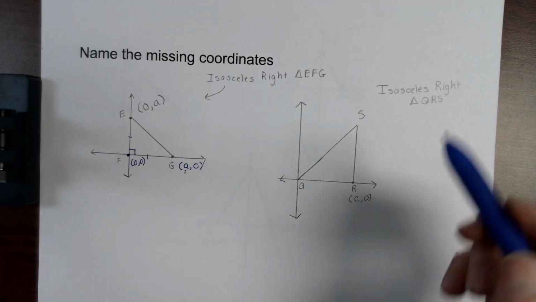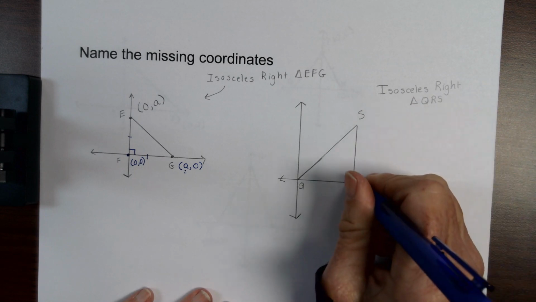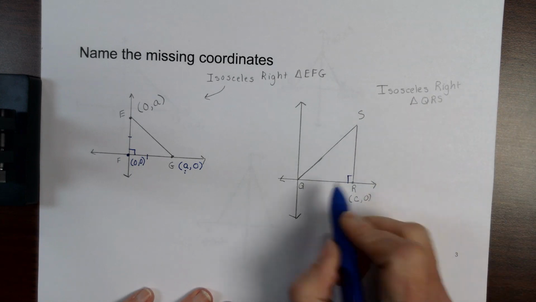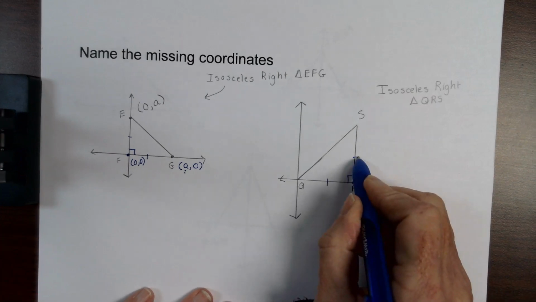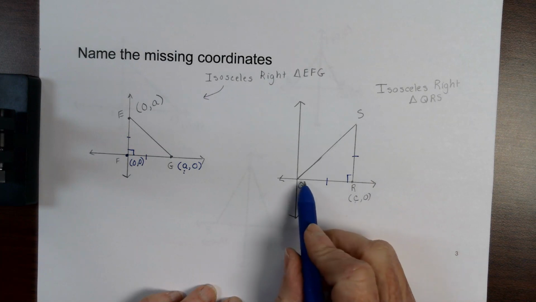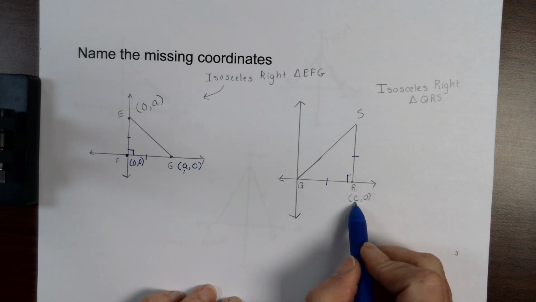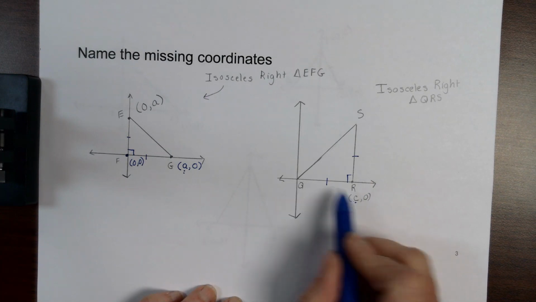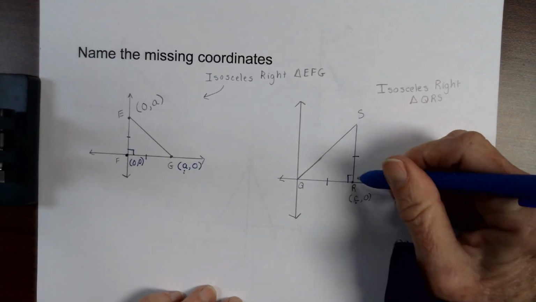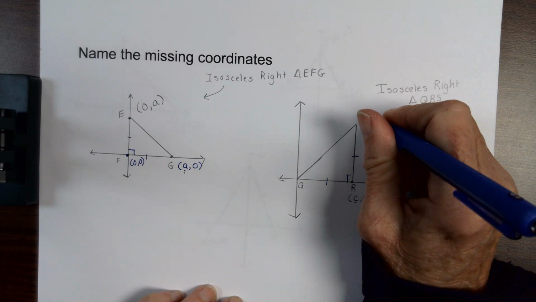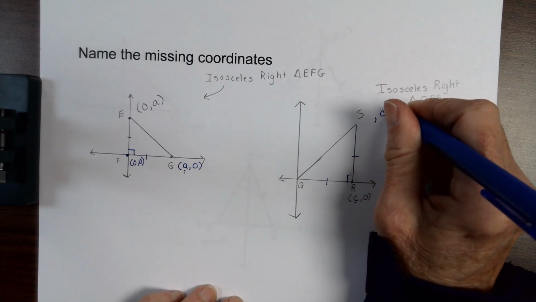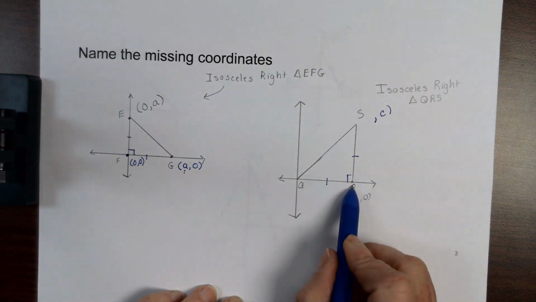So let's come over here. I have an isosceles right triangle here. It's just drawn a little bit different on the graph. If I know that it's an isosceles triangle, I know that those two sides are congruent. It's told me that this is C units over, because that's the point C, 0. So I've gone over C, which means this has to be up C. So I know that the Y value here is C. Do I know what the X value is?